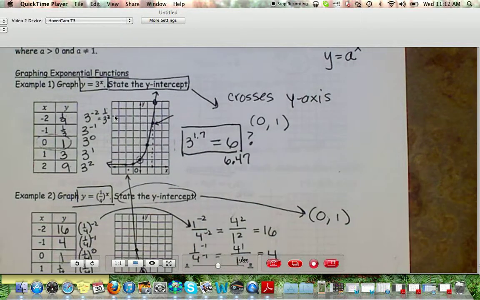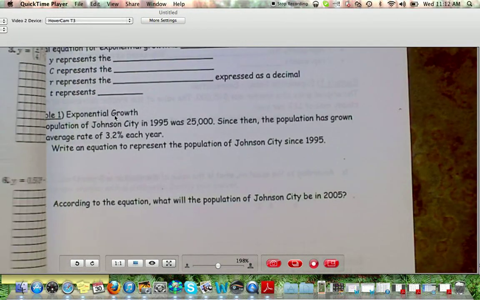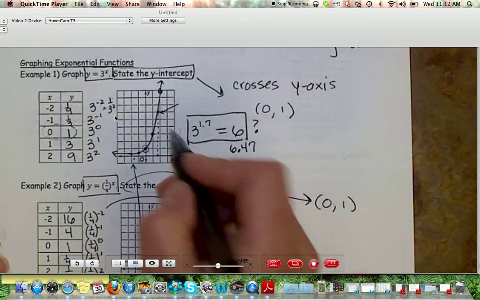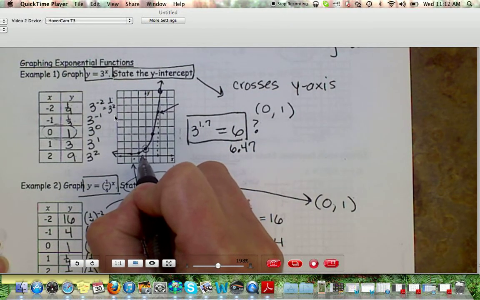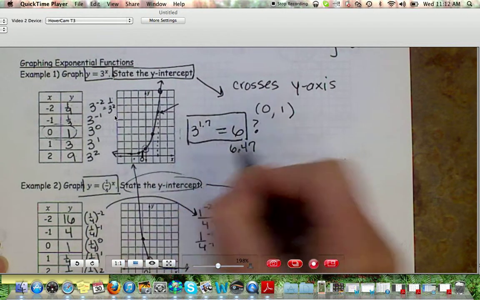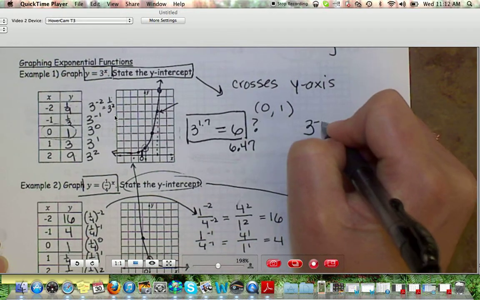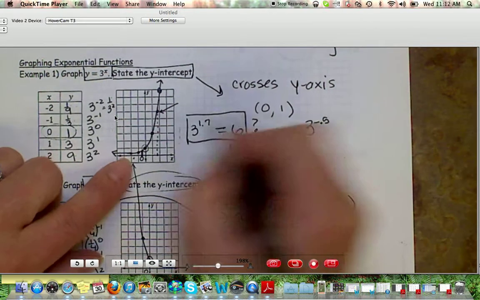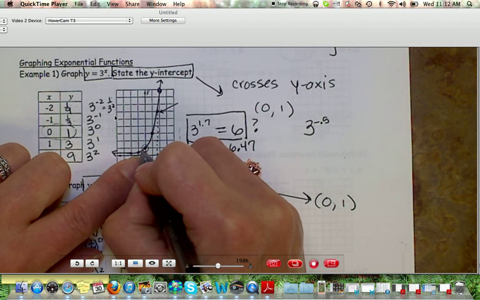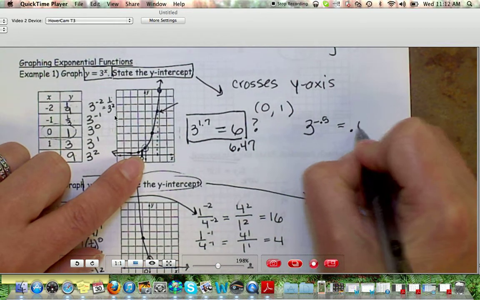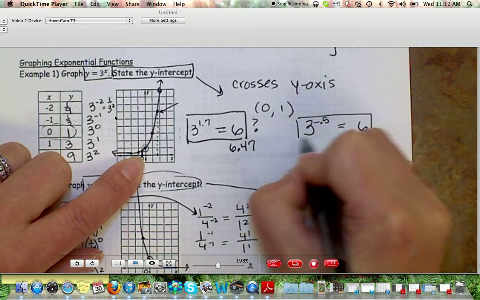If it says to the -0.5, like the first one says, I'd find where -0.5 would be, and I'd go up from there. So 3 to the -0.5, I would guess would be about 0.6. That's my guess.